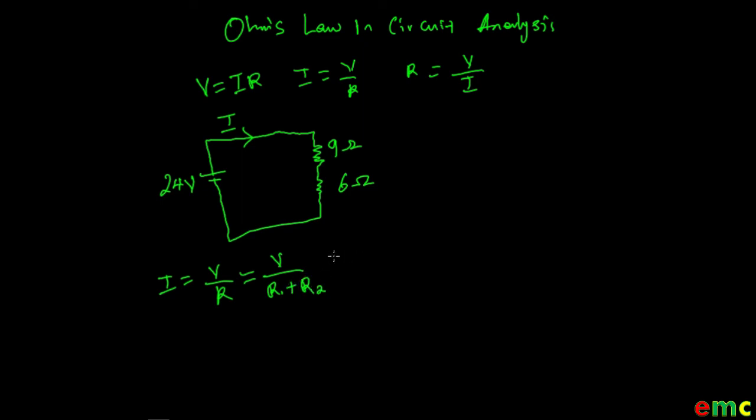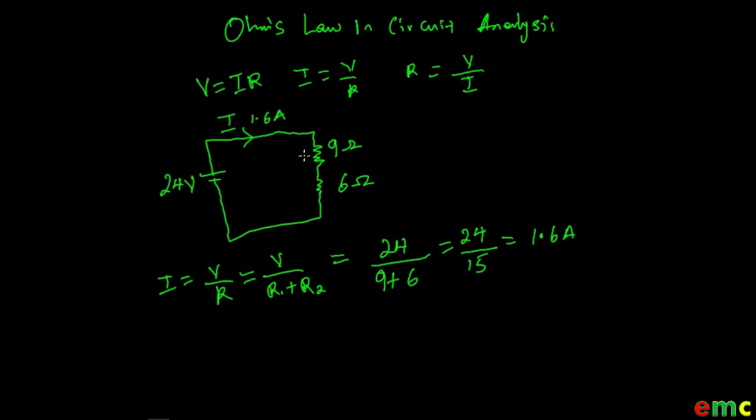That means we'll have 24 volts over 9 plus 6, and that is going to give us 24 over 15. So that will give us 1.6 amps. That means a current of 1.6 amps is flowing in this circuit.